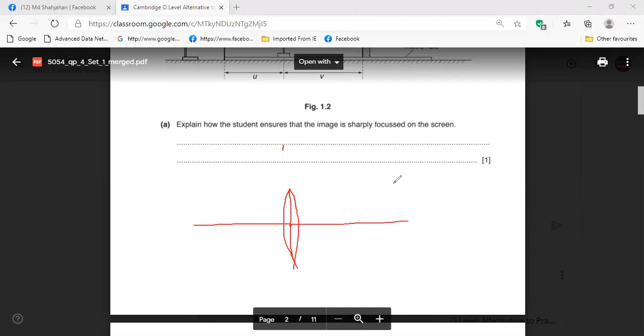Is it clear? So in your note, in your worksheet, you draw it now. Label the way I'm doing. This is principal axis.